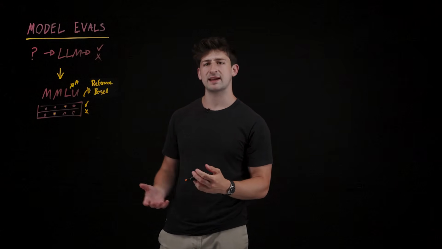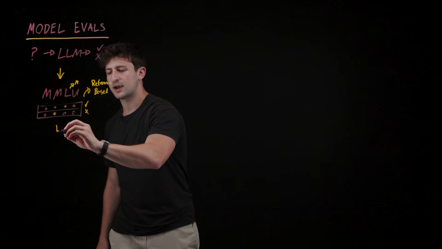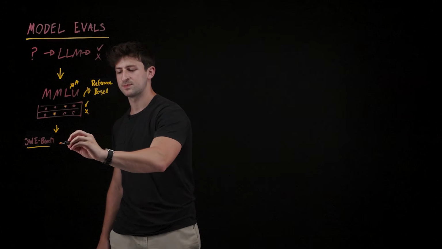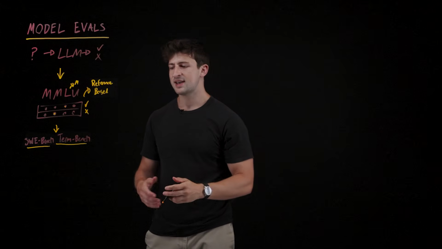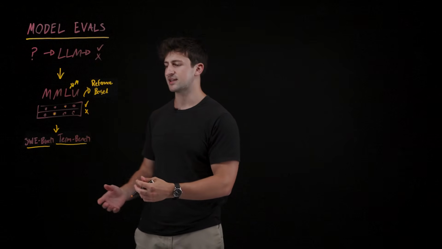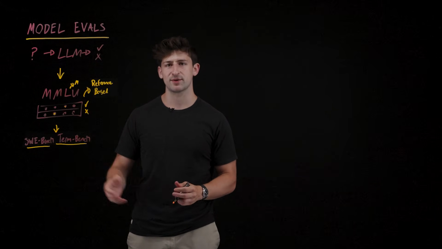But for other domains, for example coding, we're able to use other types of domain-based benchmarks like the SWE-bench or the Terminal-Bench. As the name implies, these make the model perform like a software engineer that's doing coding or using the terminal.